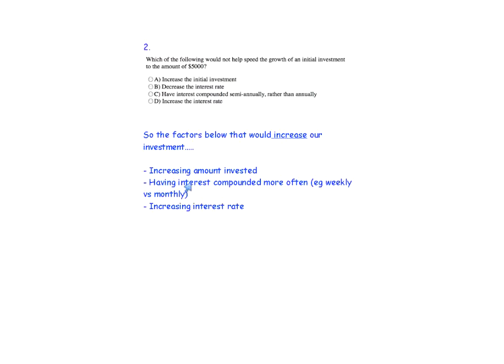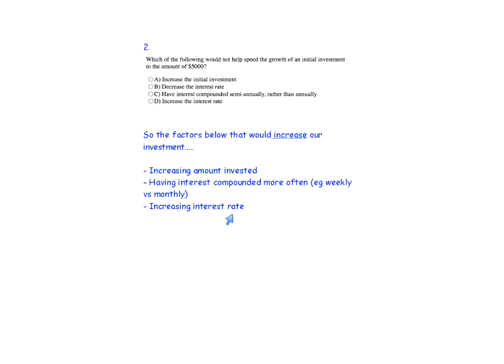And then having the interest calculated more often, so if it's calculated weekly versus monthly, that's going to increase the amount of investment we're going to have in the end. And then increasing the interest rate, again, is going to increase our investment.